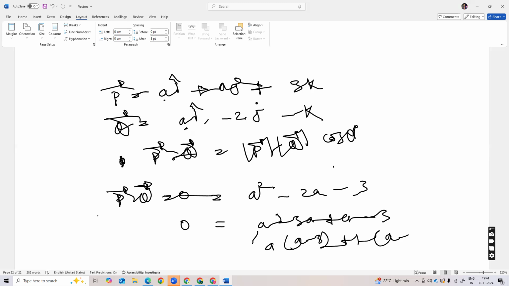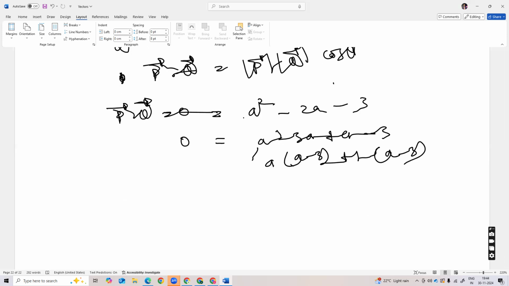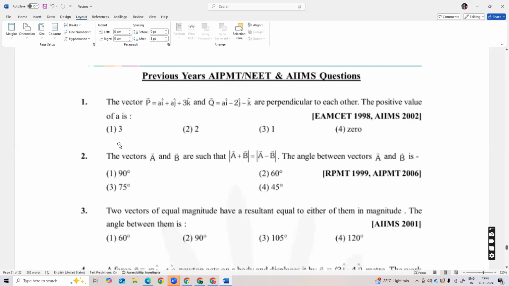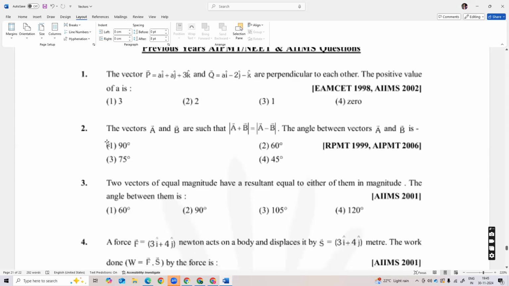So a is either equal to 3 or a is equal to minus 1. The positive value of a is 3. So the correct answer is option 1, which is 3.